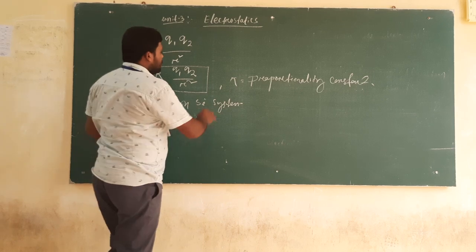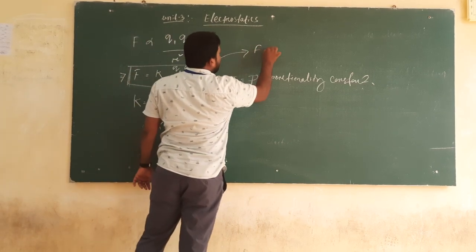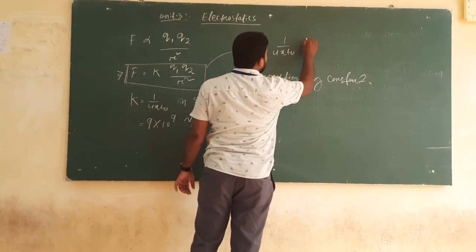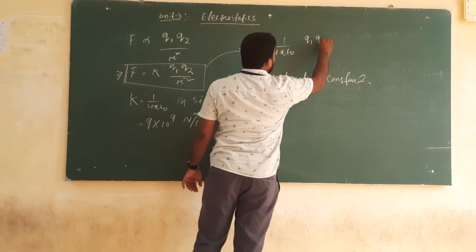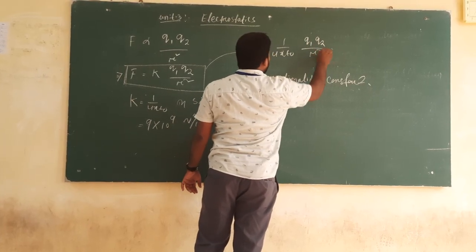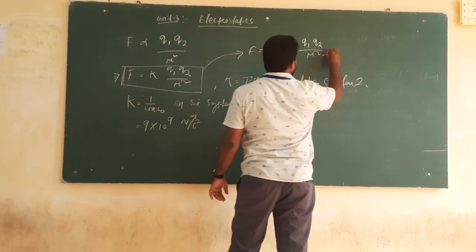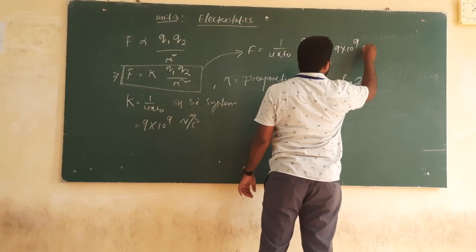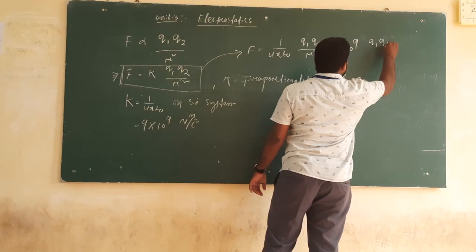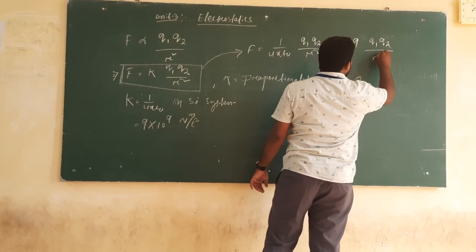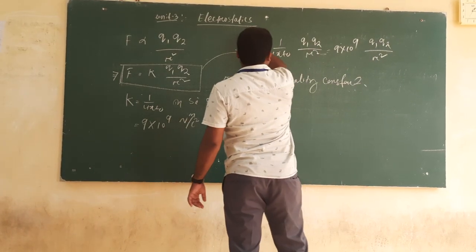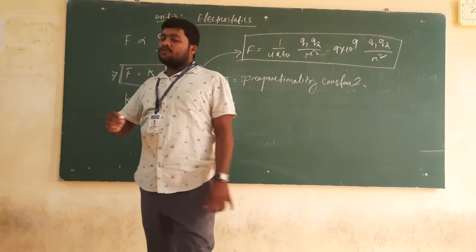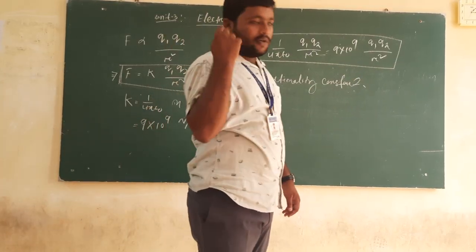So this can be written as F is equal to 1 by 4 pi epsilon naught Q1 Q2 by r square, or it is equal to 9 into 10 to the power 9 Q1 Q2 by r square. This is the final expression of the force between two charged bodies.